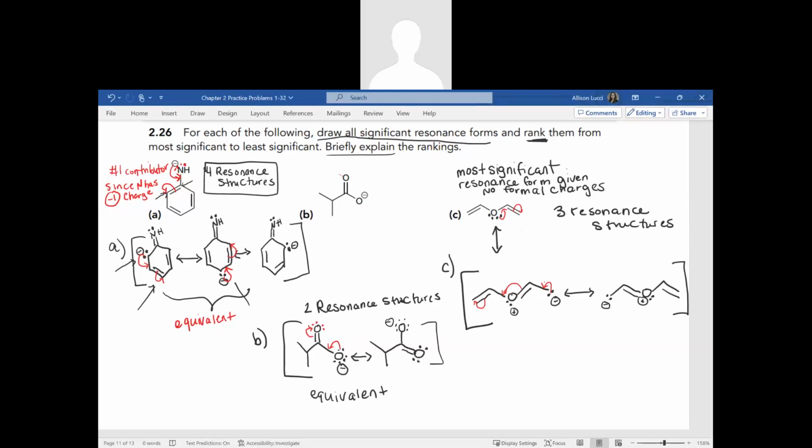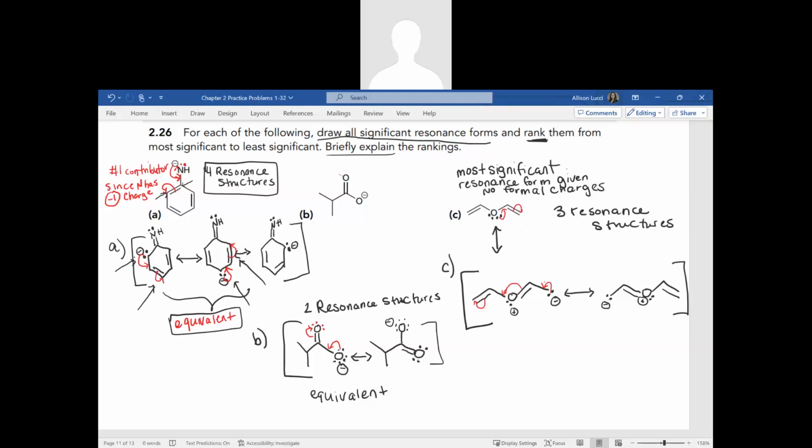And then we'll see that same pattern again, lone pair to form a double bond to form a lone pair. And then in our final structure, we see that nitrogen is no longer negative, but that negative charge has moved to a carbon atom. And all 3 of these structures are equivalent.